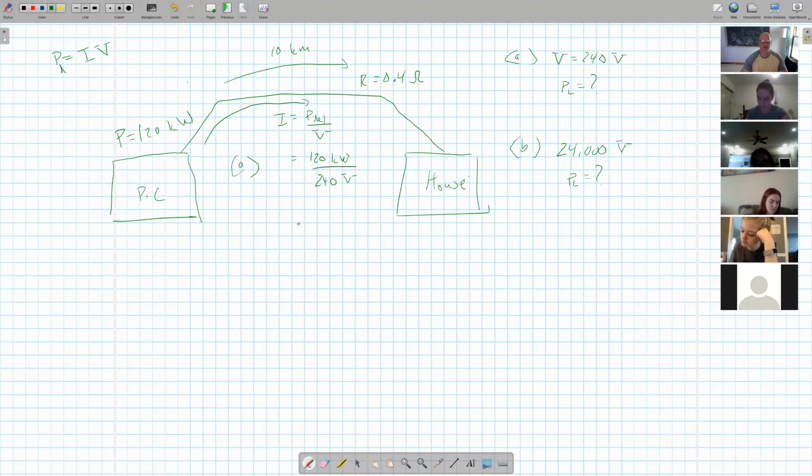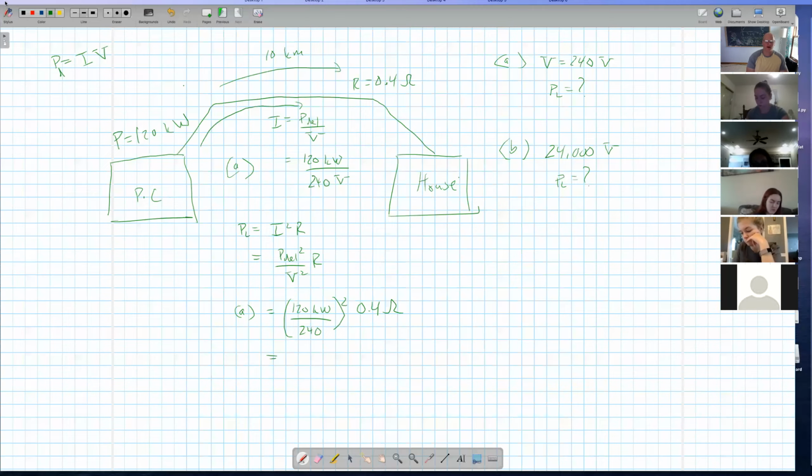This is the amount of current. The power loss is equal to the current squared times the resistance, which is the power delivered squared divided by the potential squared, times the resistance. So for part A, this is equal to 120 kilowatts divided by 240 volts, quantity squared, times the resistance, which is 0.4 ohms.